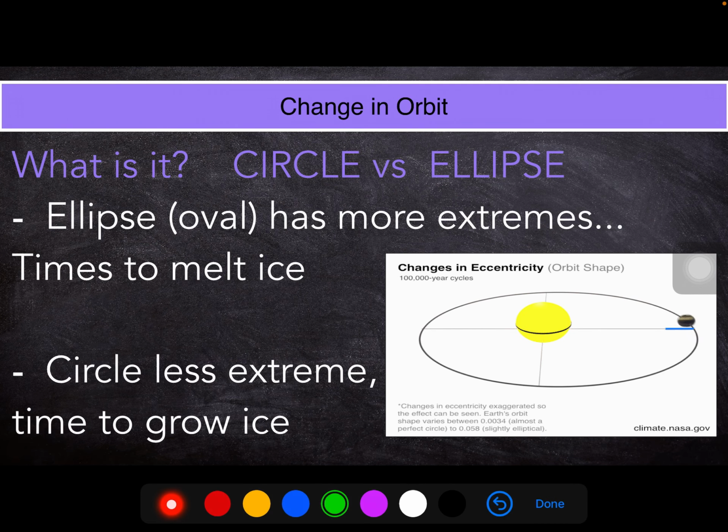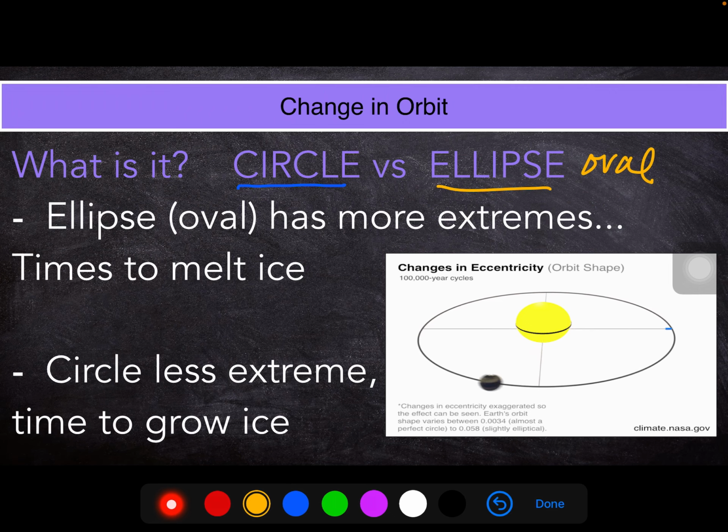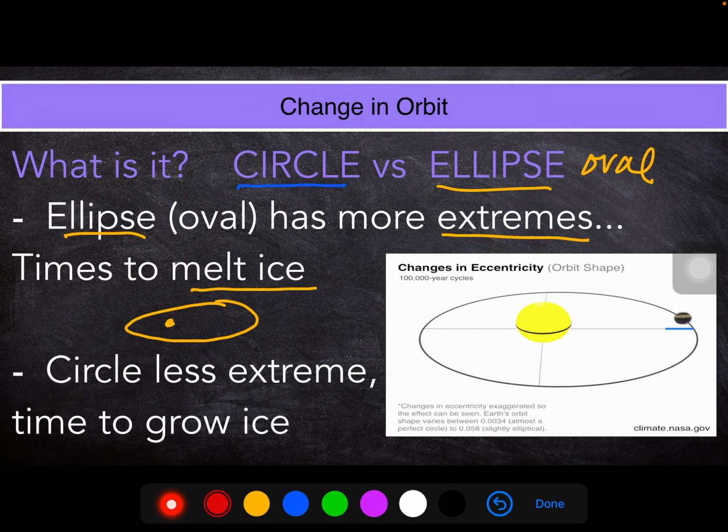With change in orbit, we had 2 shapes that we were differentiating between: circle and ellipse, which is, remember, like an oval shape. Again, one has a more extreme situation and one is less extreme. The ellipse is our extreme, again causing ice to melt because within that elliptical shape, we get periods of short distance and long distance.